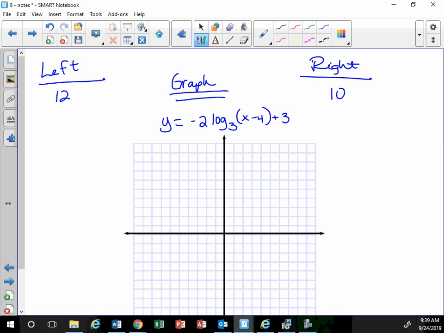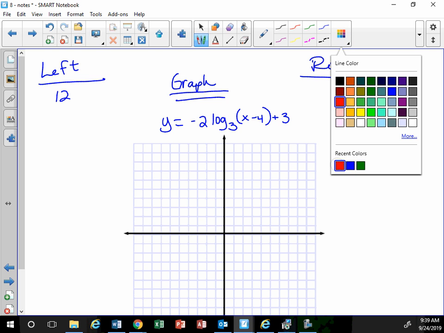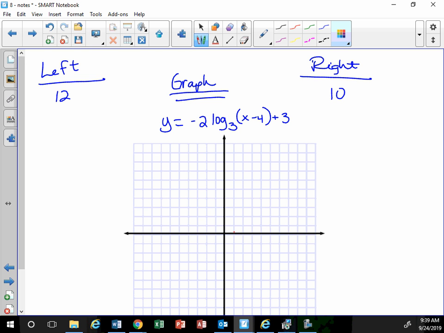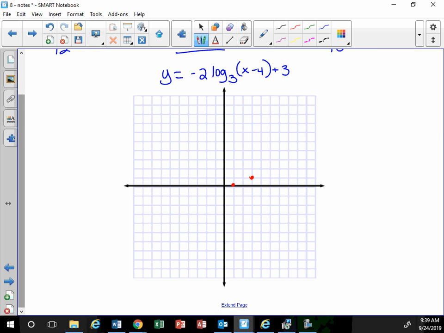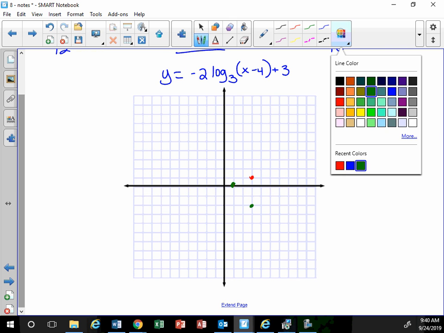All right, let's look at it real quick, and then we'll do one more. So you start there. You can flip and multiply, like the stretching, all at the same time. Then it's just a matter of shifting right 4.